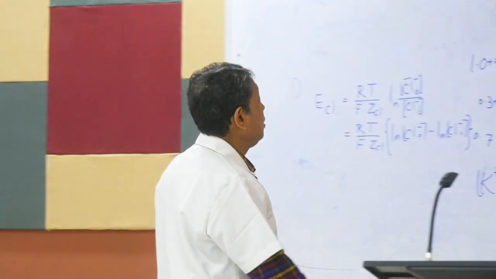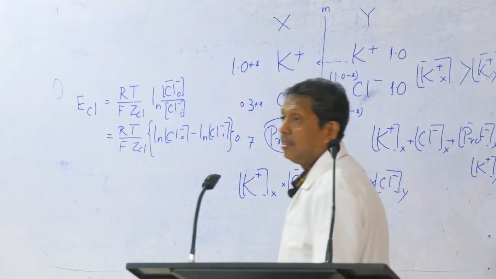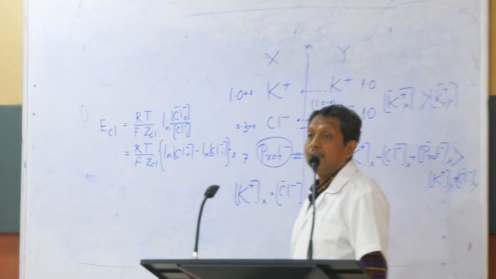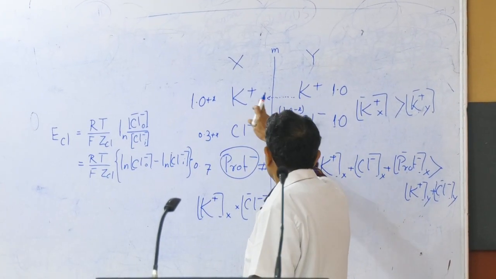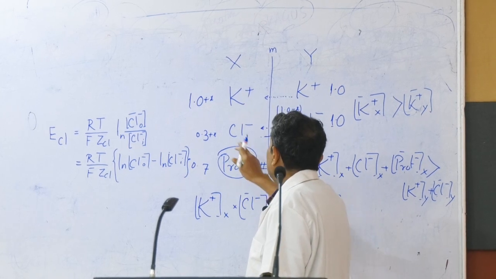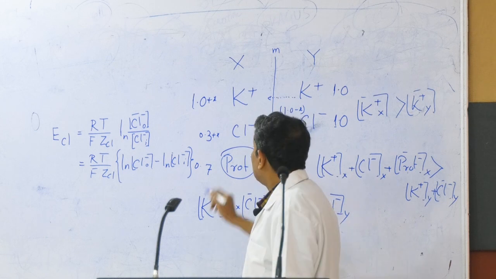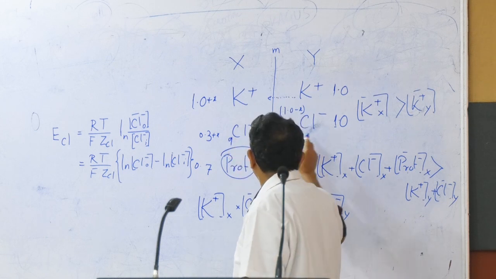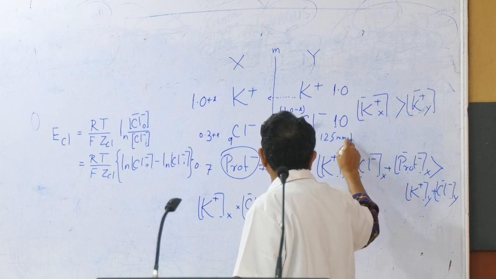Chloride ion is trying to enter from outside to inside. In a mammalian neuron, the concentration of chloride in the extracellular fluid is more than in the intracellular fluid. Suppose it is 9 millimole per liter inside and 125 millimole per liter outside.